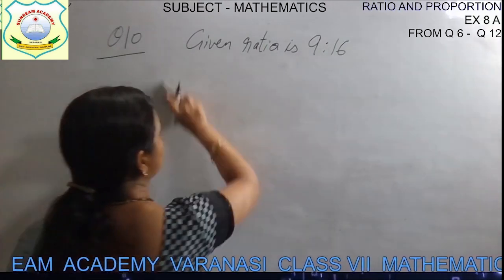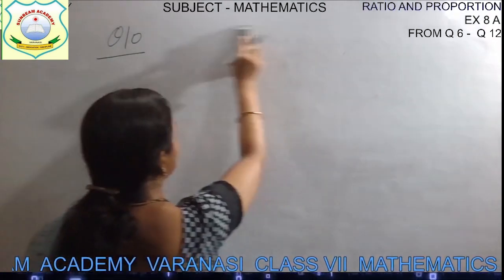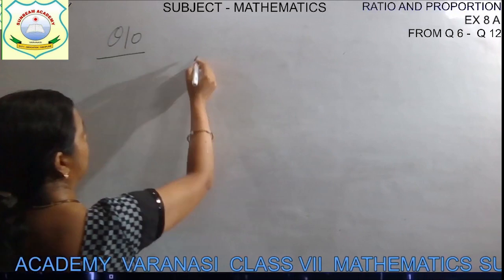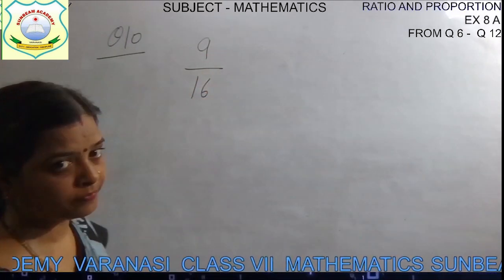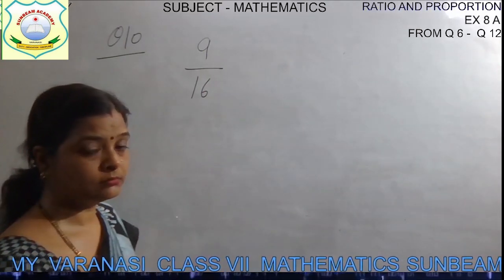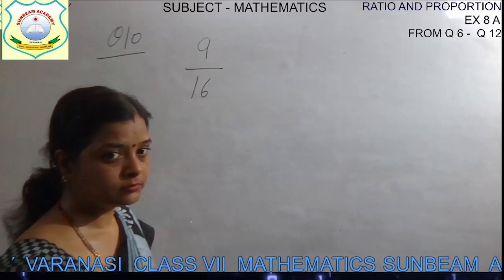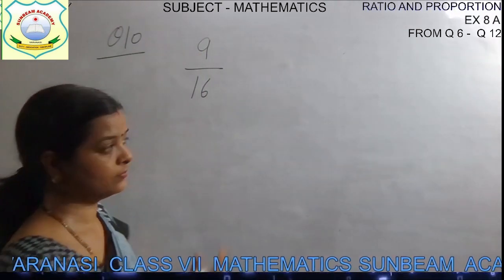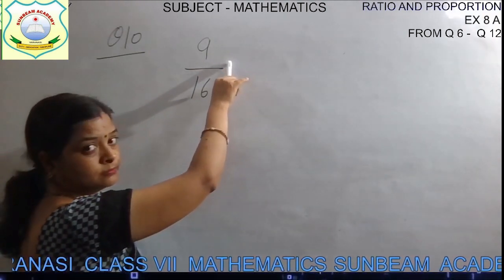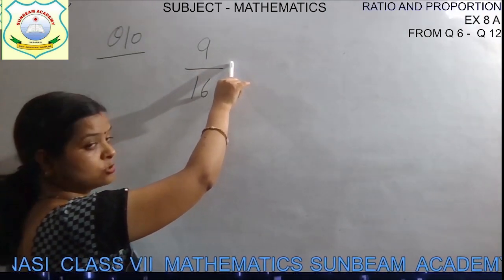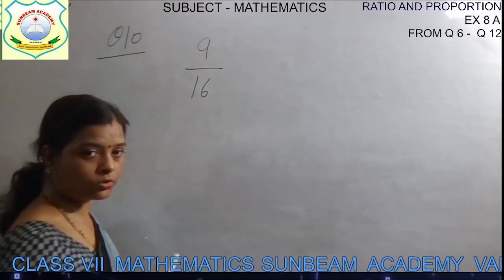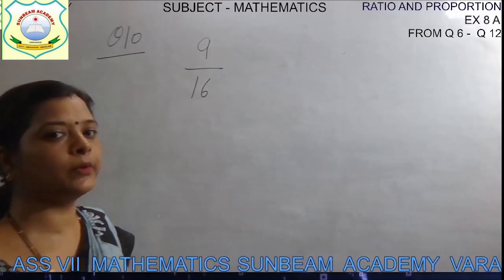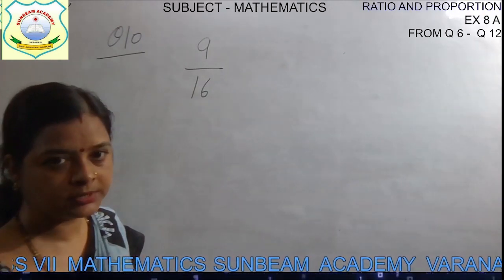Given ratio is 9:16, 9/16. This is the given ratio. We have to add a number in each of the terms. This is one term, the first term, also called the antecedent, and this is the second term, also called the consequent. Do you remember it?